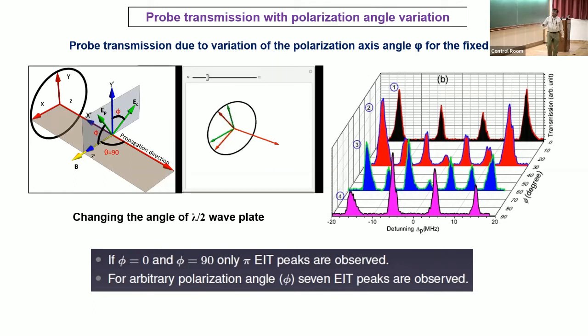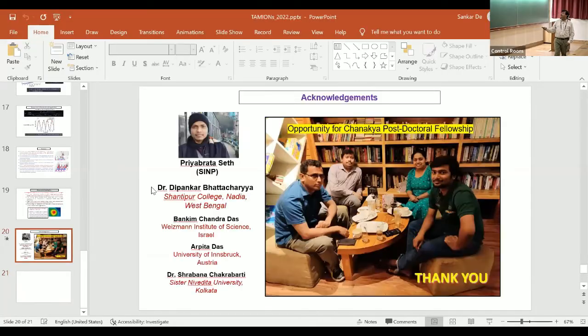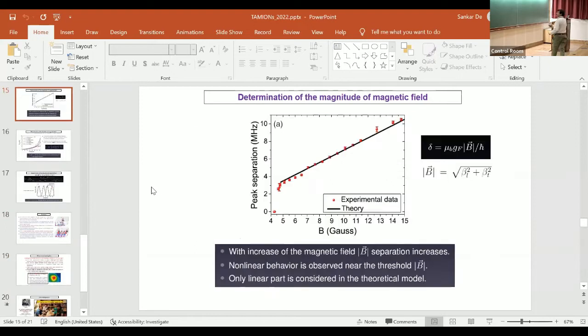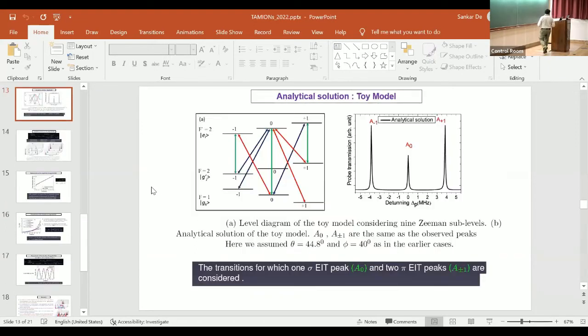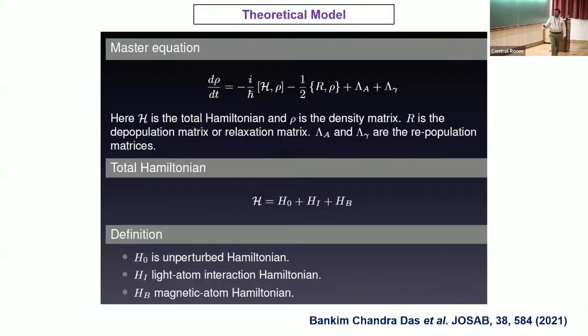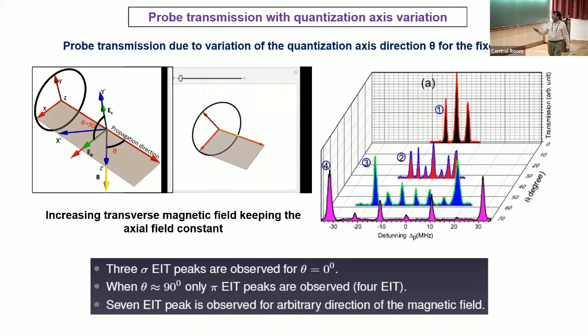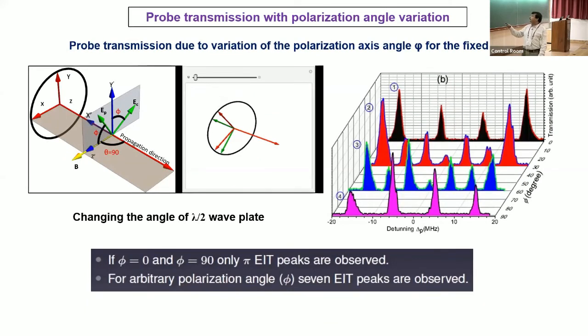So what I'm doing is that I'm now changing the phi, but not theta. So theta is maintained at 90 degrees.